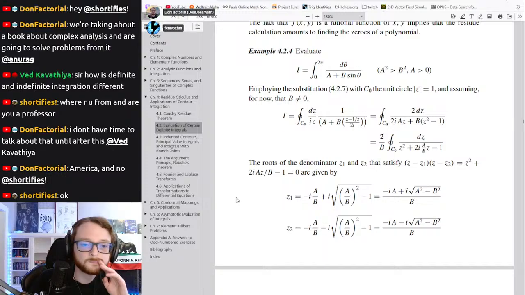Maybe they just meant us to assume that B was positive. They said A was positive, but they didn't say B was positive. Where does B being negative affect it?